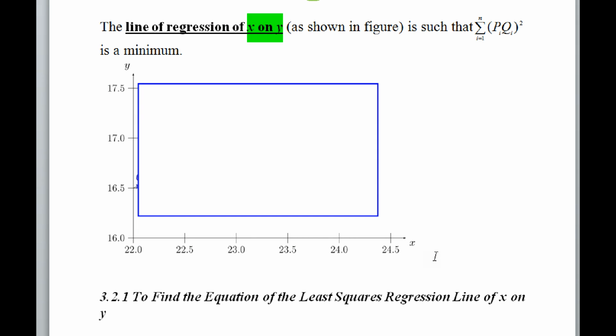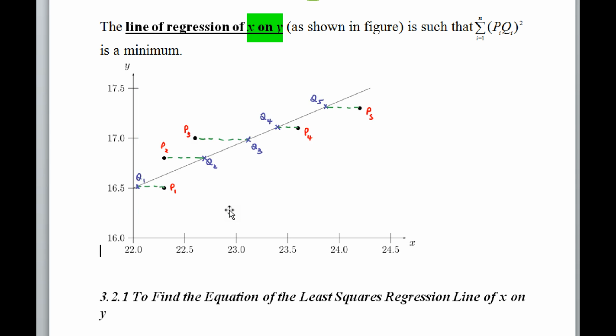Let's not run away from that. We'll still draw a best fit straight line, but this time we will minimize the horizontal distances such that this is a minimum. The lines will be different. Do you know what I'm trying to say? The lines will be different because you're trying to minimize different things. Get it?